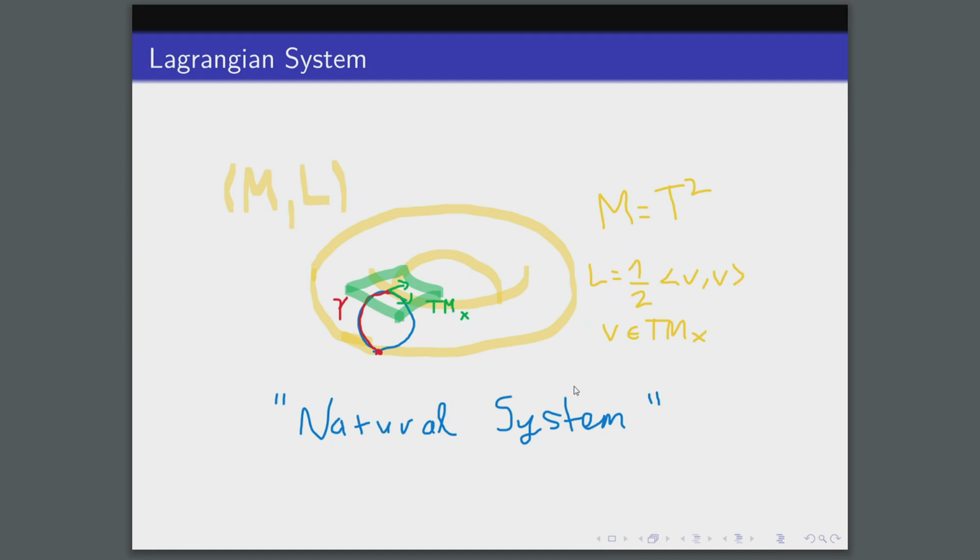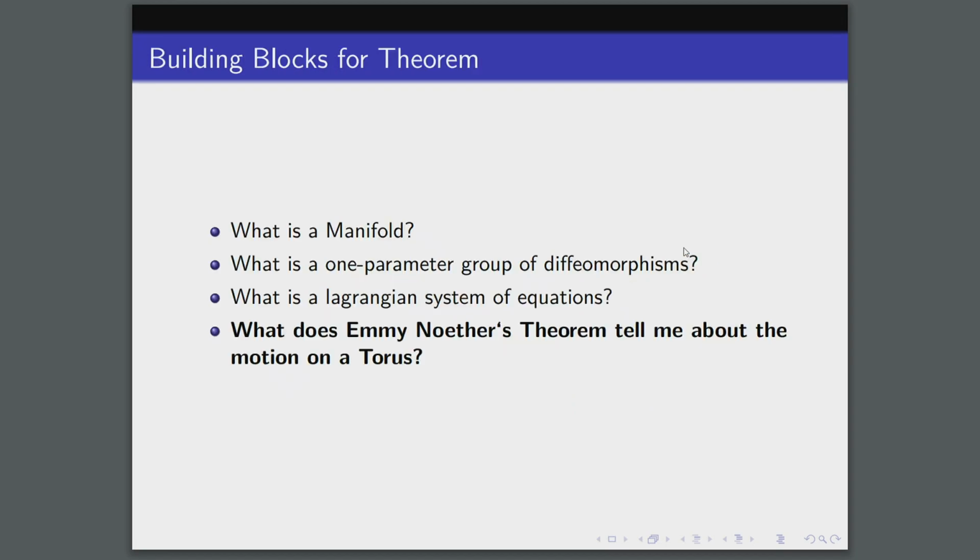And what we're interested in is going to be the kinetic energy of a mass point on the torus. We forget about the force field since we're forced to move on the torus itself. In the literature, you'll find that this is called a natural system. So we're looking at systems of the form T minus U, with T being the kinetic energy and U being the potential.